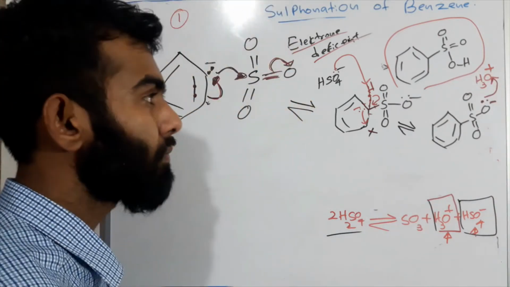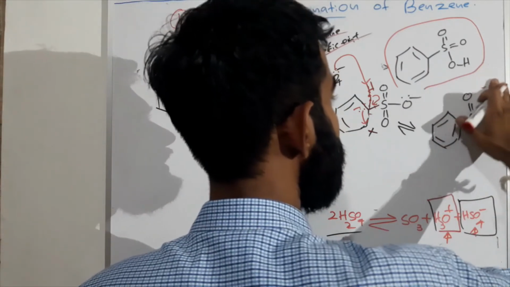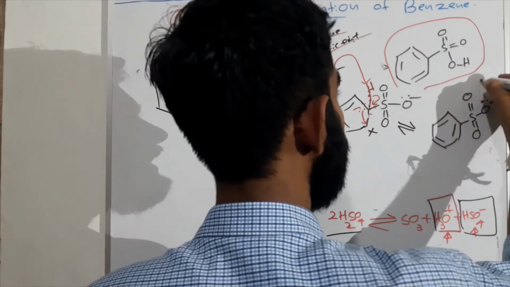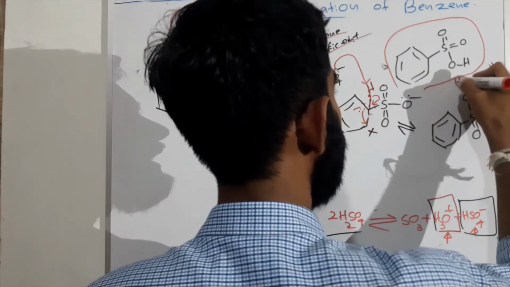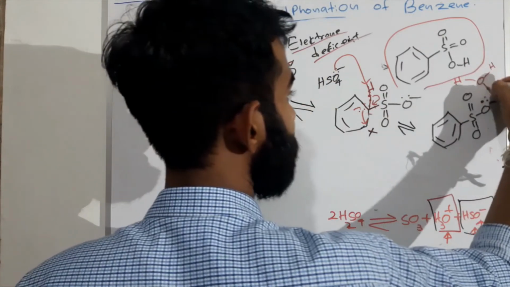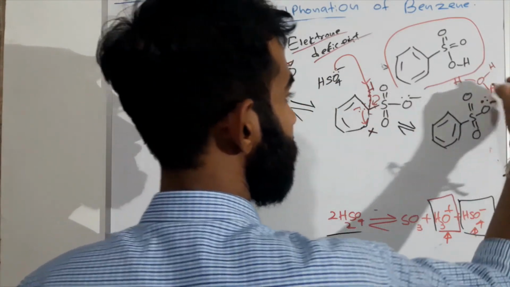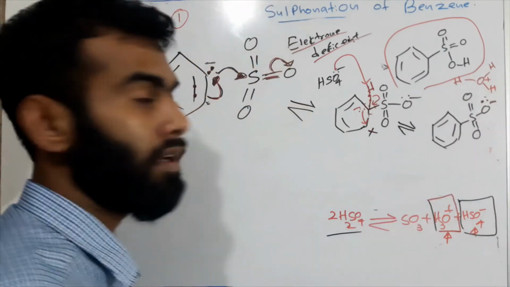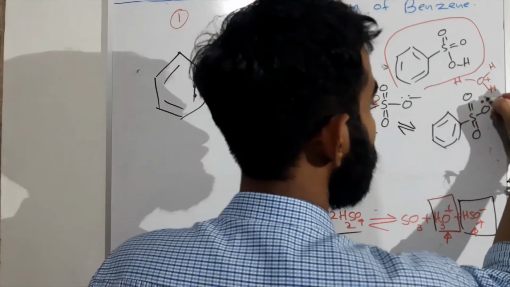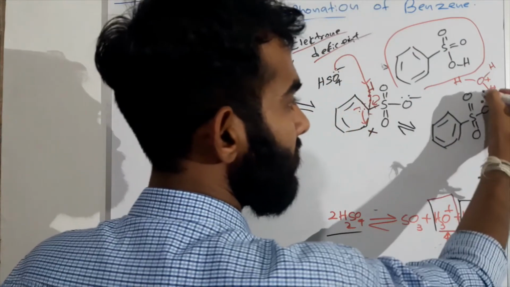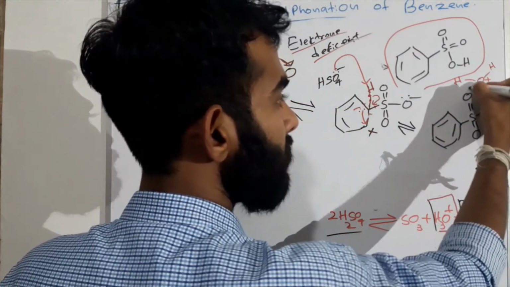Actually, the hydronium ion has a structure like this. It has two OH bonds and another excess OH bond. That's why the hydronium ion got a positive charge. So this lone pair will attack this hydrogen, and that hydrogen-oxygen bond cleaves towards oxygen.